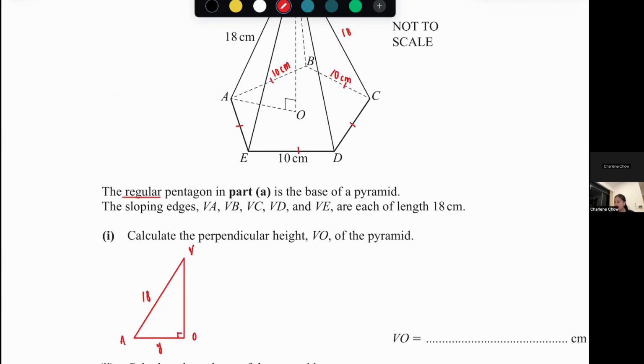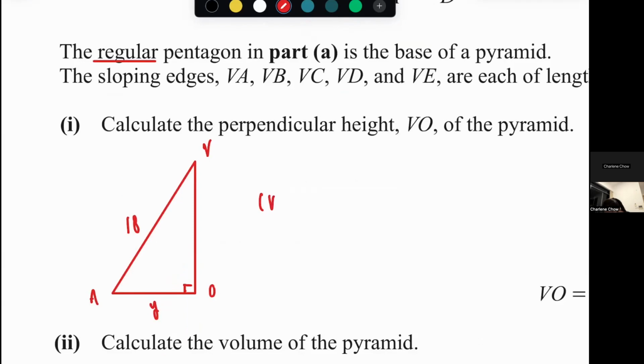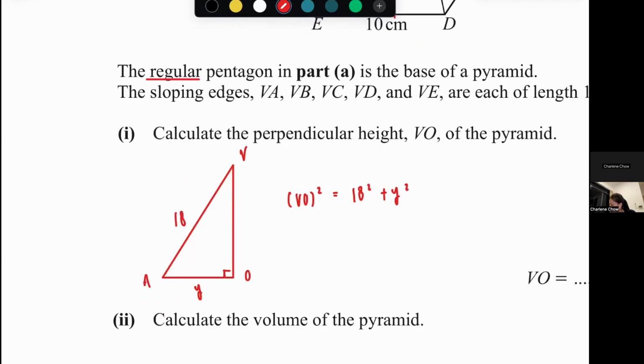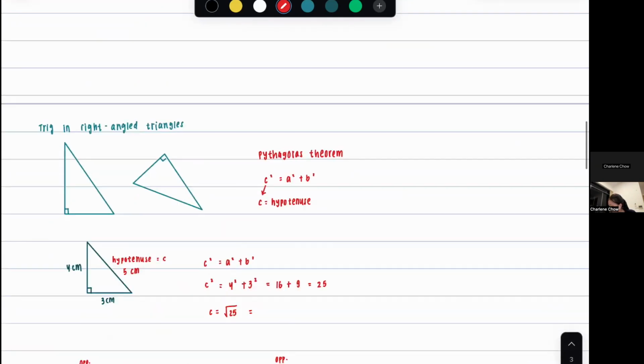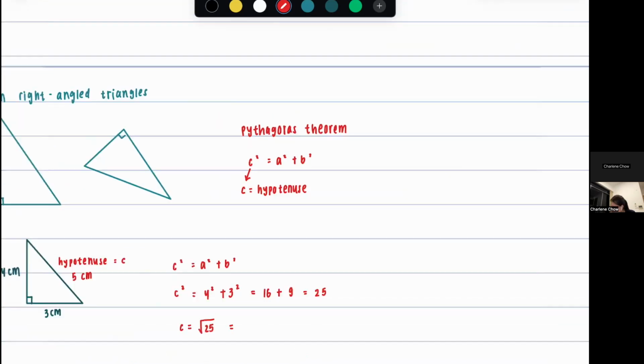Now, using Pythagoras' theorem, very good. We're going to use Pythagoras' theorem to find VO. So VO squared is equal to 18 squared plus Y squared. Is that right? Okay, good thinking. It shouldn't be that way. Why not? Because from the previous Pythagoras' theorem, we were saying c has to be the hypotenuse.